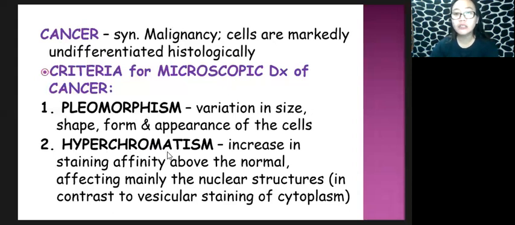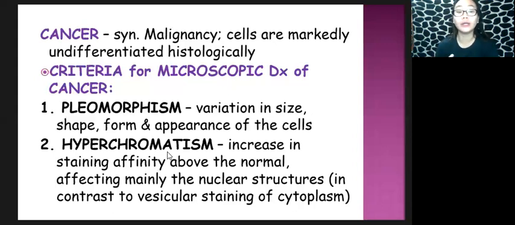And so what part of the cell is greatly affected in hyperchromatism? You would be able to see it in your nucleus. There is an increase in the staining affinity above the normal. That's why it is hyper, affecting mainly the nuclear structures, thus the term chromatism.